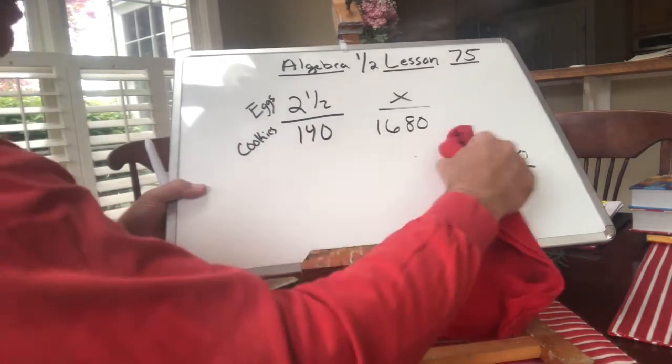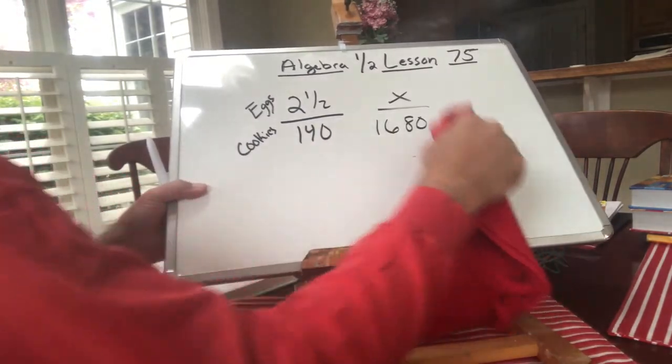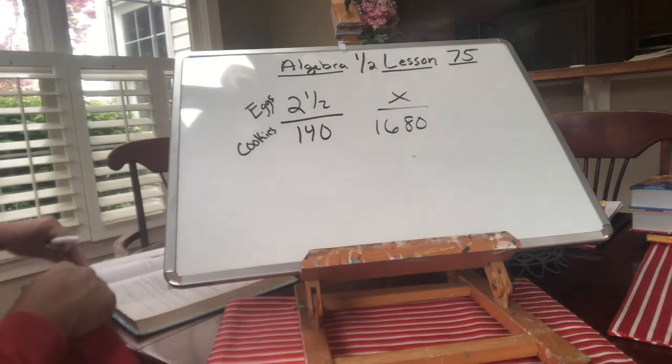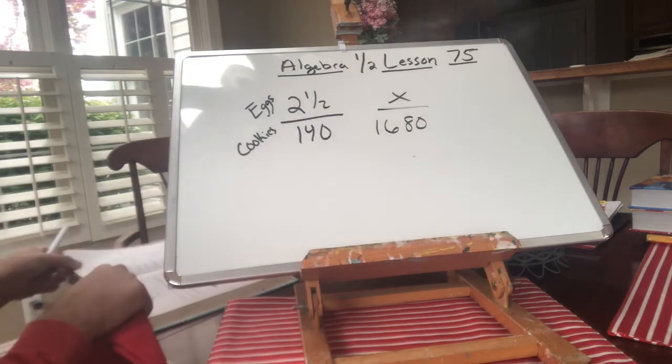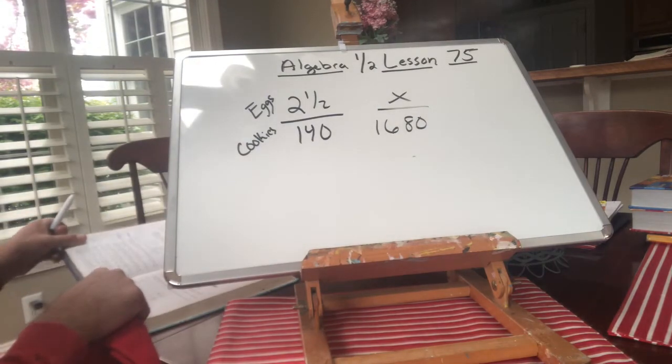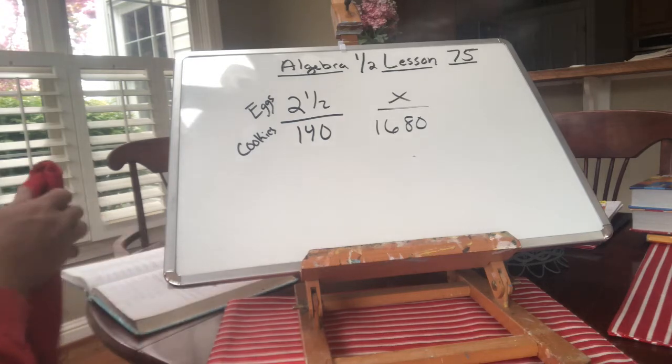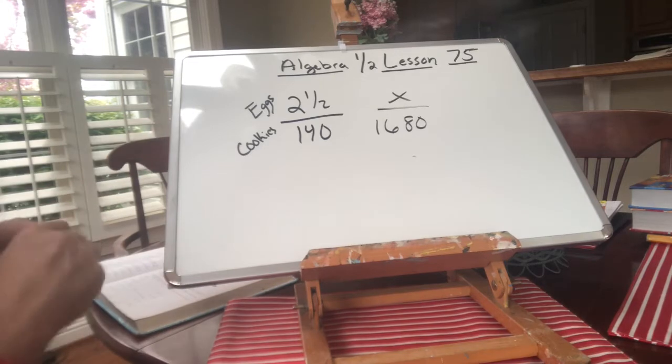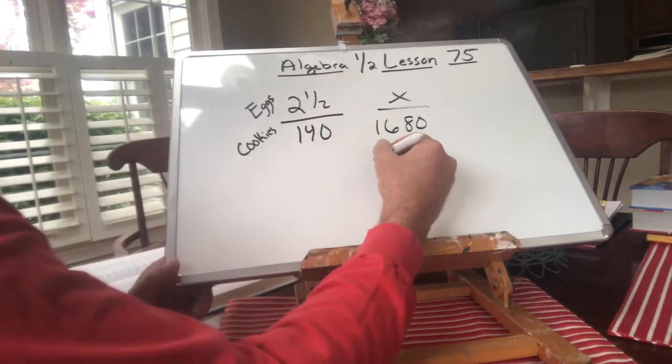The number is 4,200. And then you'll take that number and divide it by 140.